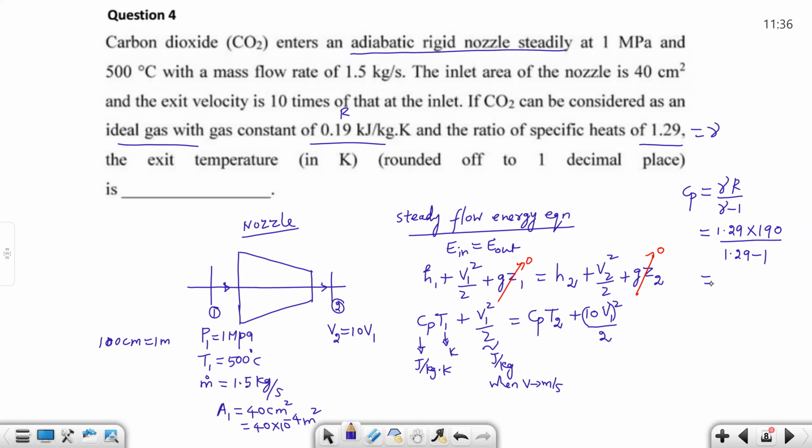So Cp is 845.2 joule per kilogram Kelvin.